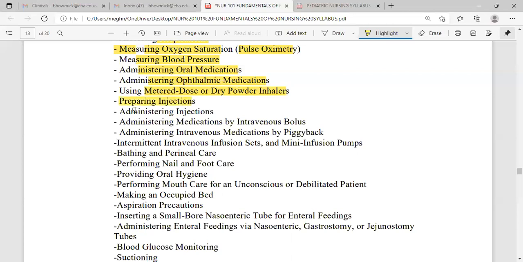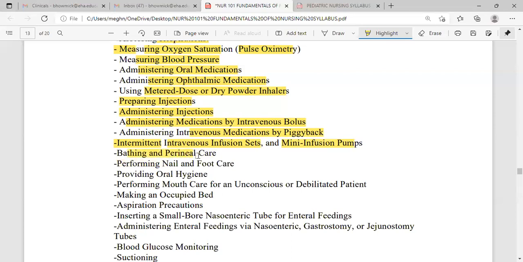Preparing injections, administering injections, administering medications by intravenous bolus, administering IV medication, also intravenous infusion set, mini infusion pump, right? We will show you how to use, what are the identification, how to calculate the drops.